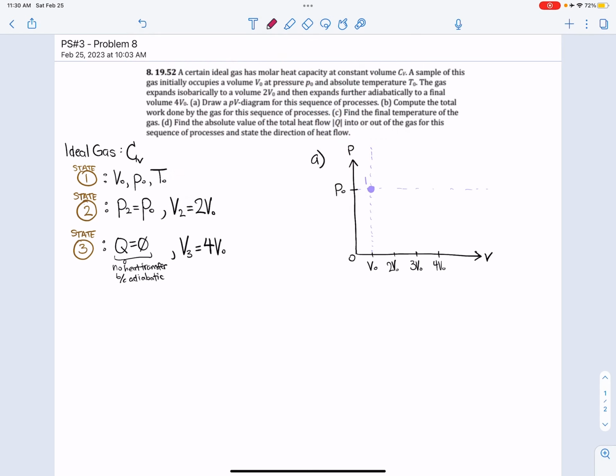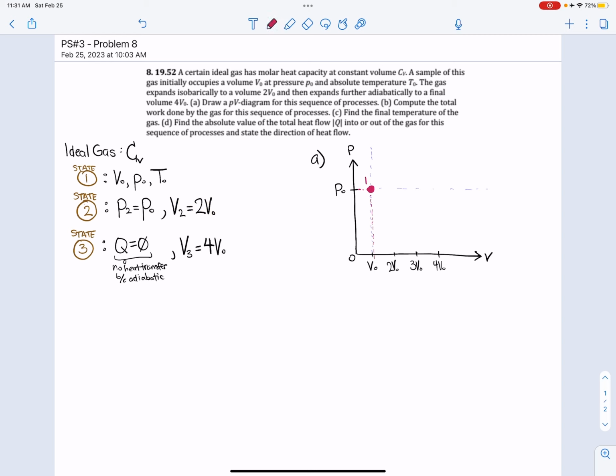I'm going to use this color. That's my state 1. So V naught if I go all the way down, and P naught. At state 2, I'm still at P naught because P2 equals P naught. That's what it says right here. But the volume doubles. V2 equals 2V naught.